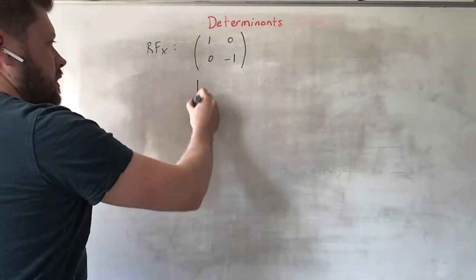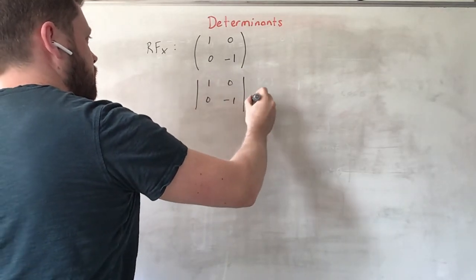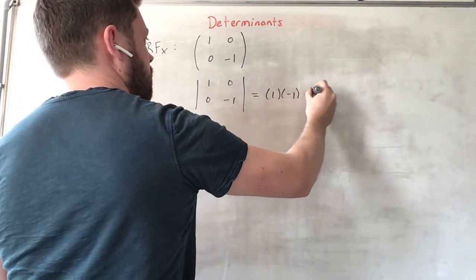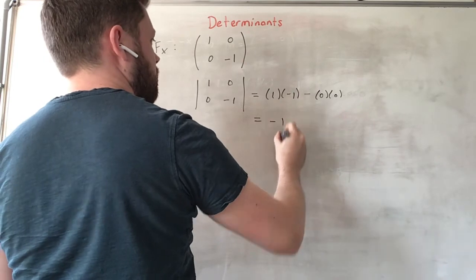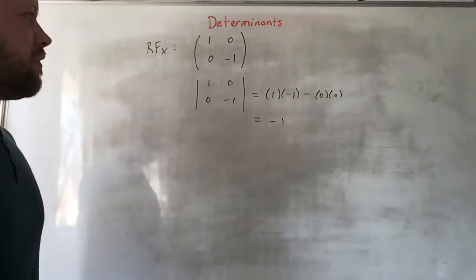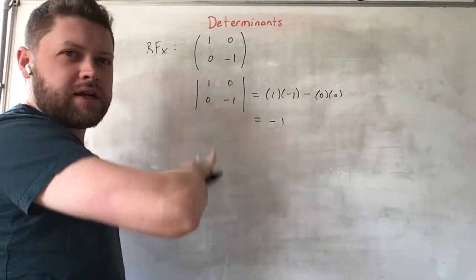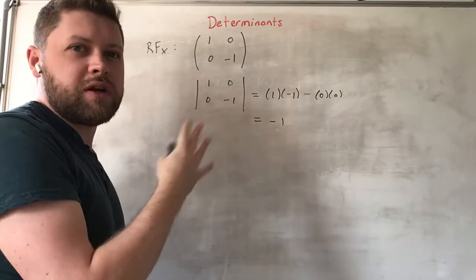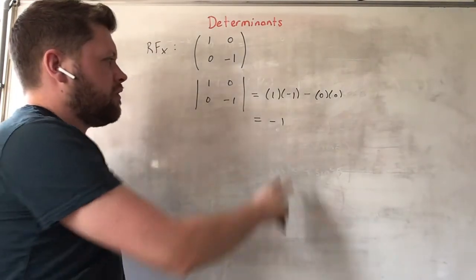If we take the determinant of this, it's 1 times minus 1 minus 0 times 0, which is equal to minus 1. So the area hasn't changed. It's a reflection transformation, so it doesn't do any scaling. But it has changed the sign.